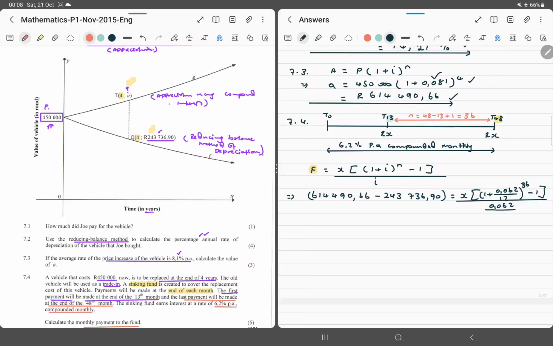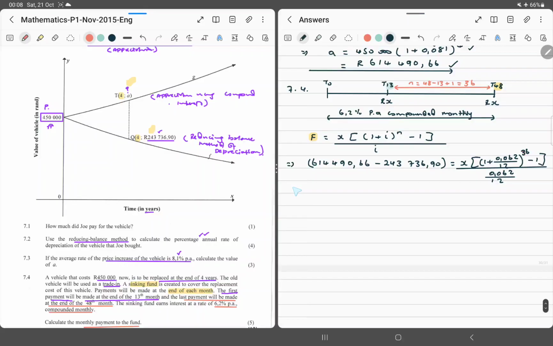0.062 divided by 12. Now here we're performing the gymnastics, so we can say therefore X is going to be, cross multiply this, 614,490.66 minus 243,736.90, then we're multiplying by this interest rate 0.062 over 12.